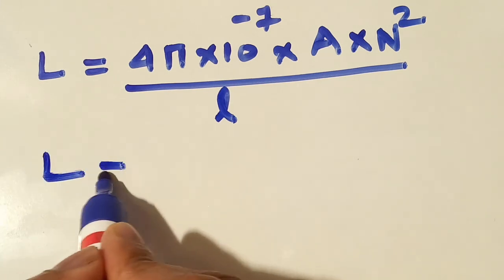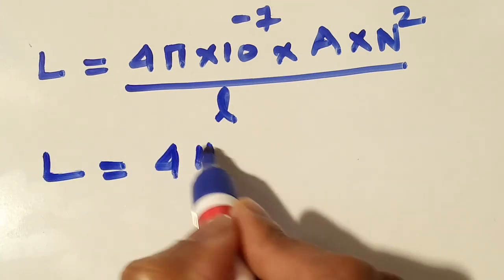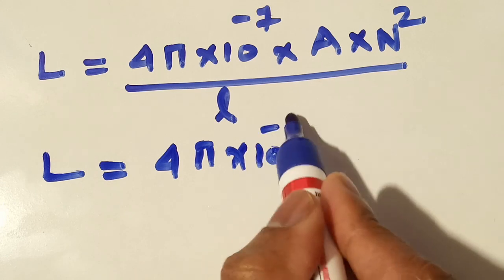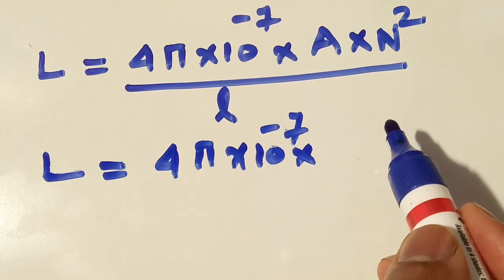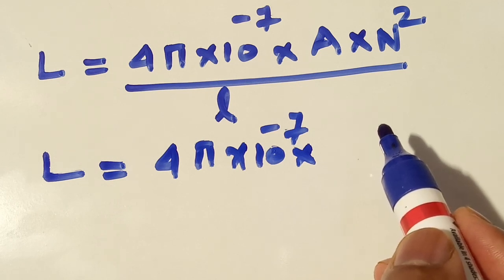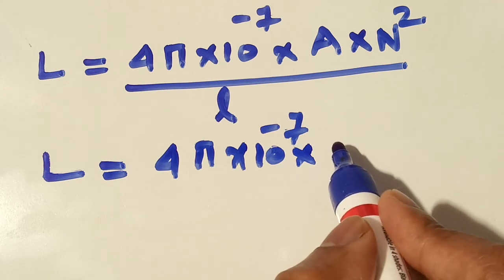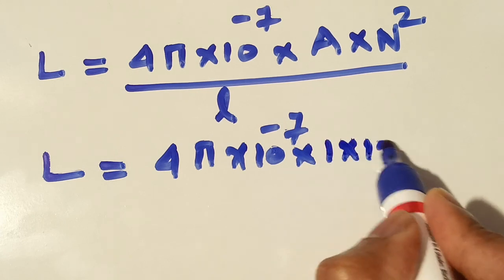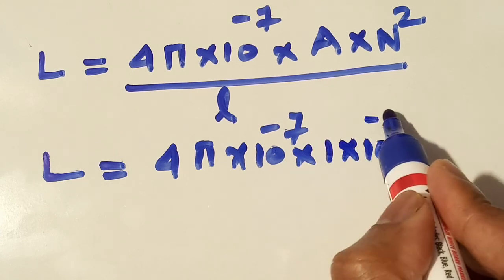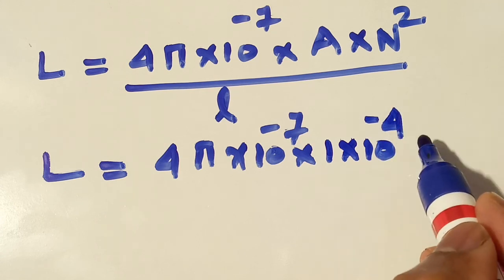L equal to 4 pi into 10 to the power minus 7. Area is given in the question as 1 centimeter square, but we need it in meters. So when you convert, 1 multiplied by 10 to the power minus 4 meter squared.